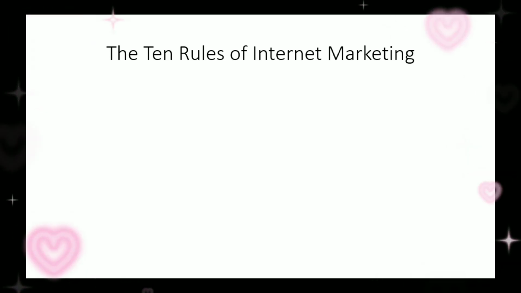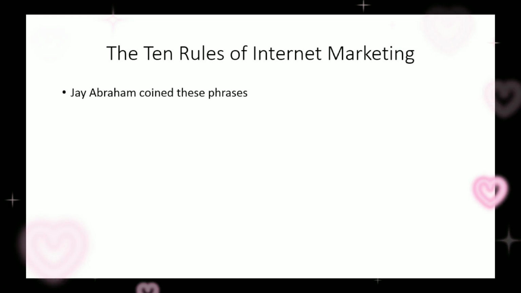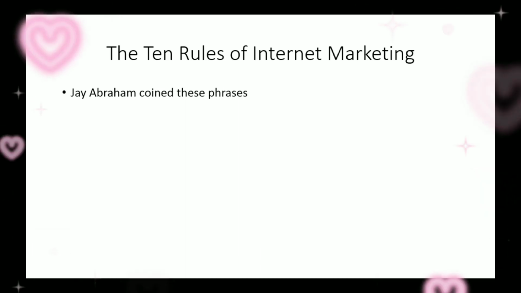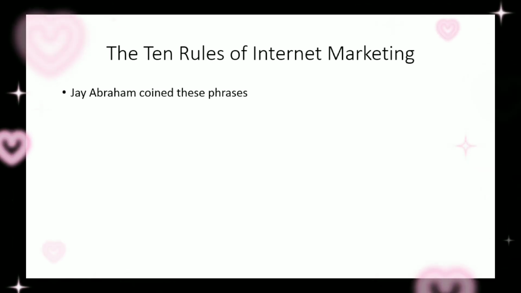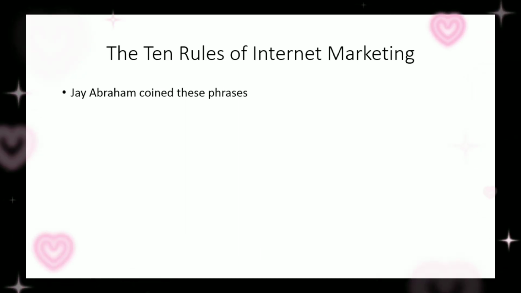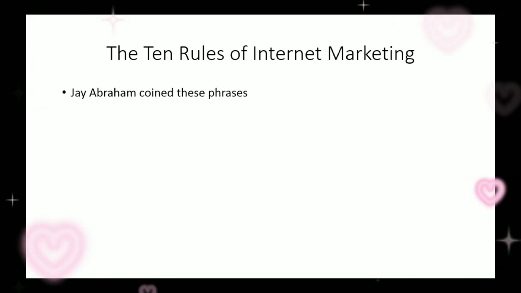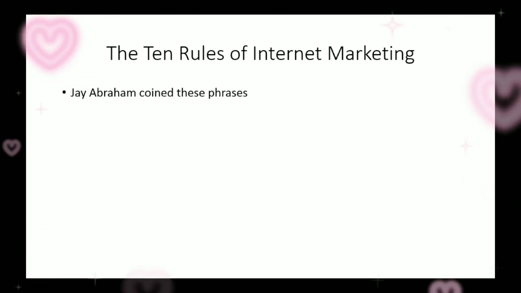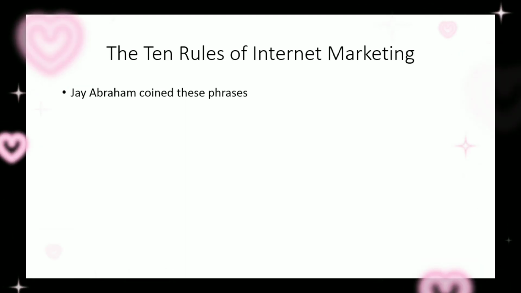Now, in these 10 rules, you're going to find that some of these things are going to be familiar to you. Some of these things are the things that you've heard discussed in terms of marketing funnels. They're things that you have heard in terms of marketing in general. However, you do want to understand the entire context for marketing, and these rules really apply to any product.